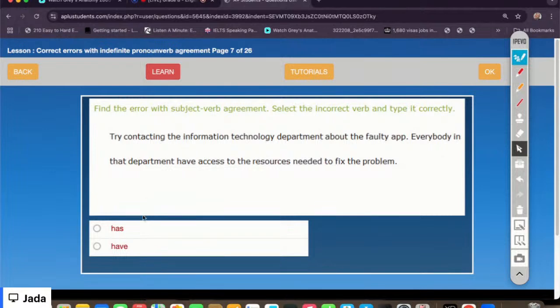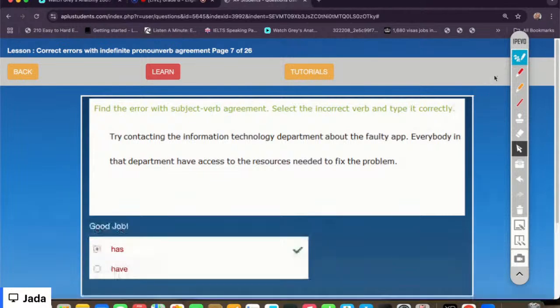Alright, so has access to the resources. Has.